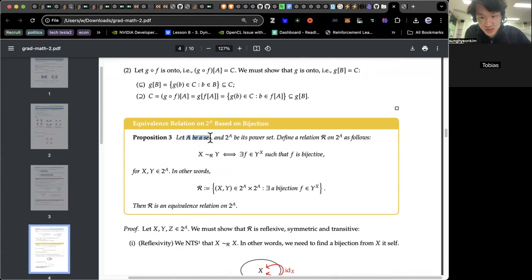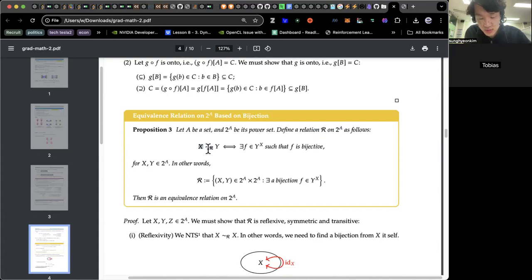So let A be a set and 2^A be its power set. Define a relation R on 2^A as follows. X and Y have a relation when there is some function from Y to X such that f is bijective.